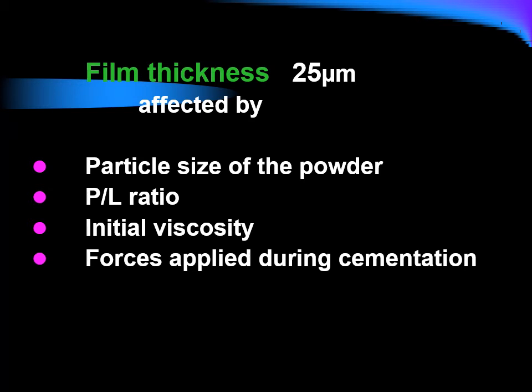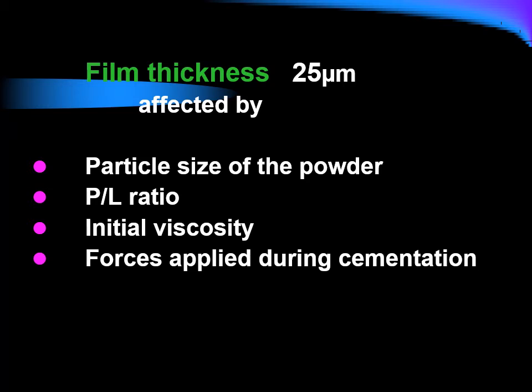We know that during cementation of the crown, we have to put a slight pressure with the dense finger for the cement to spread over the tooth and the crown. If this force is increased, the film thickness will be thin.